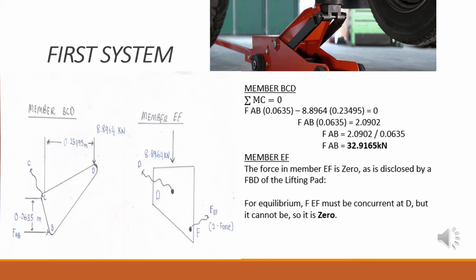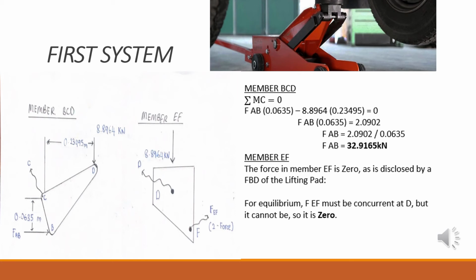This device is used for lifting a heavy load by applying a much smaller force. It is also based on Pascal's law, which states that the intensity of a pressure is transmitted equally in all directions through a mass of fluid at rest.